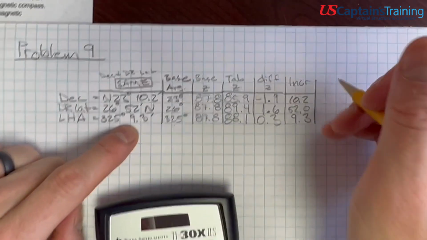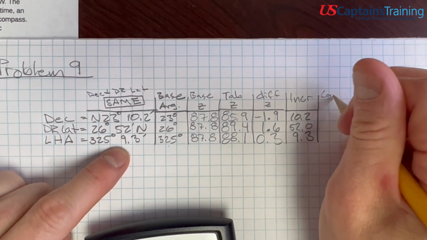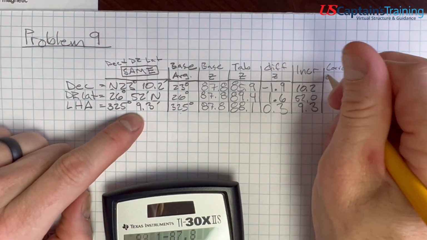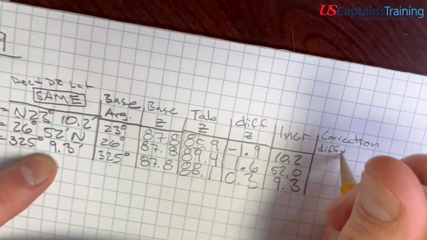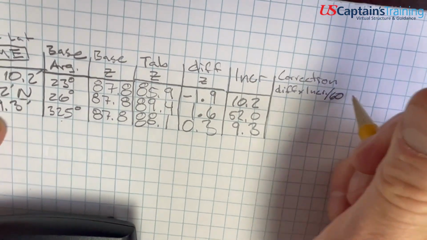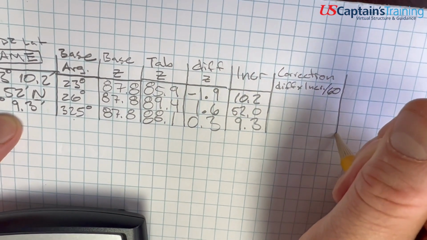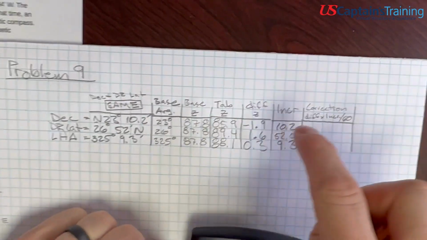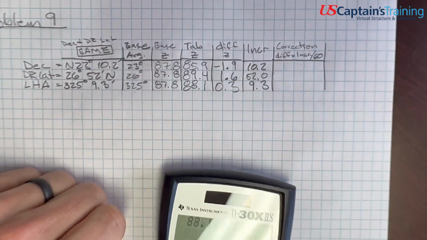And now we can get our correction. The way we get our correction is the difference times the increments divided by 60. All right, let's calculate those. So difference times increments divided by 60. Here we go.